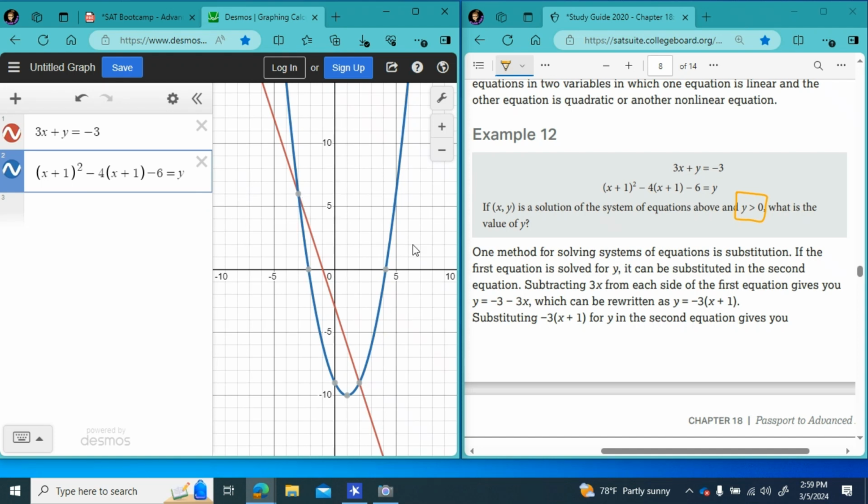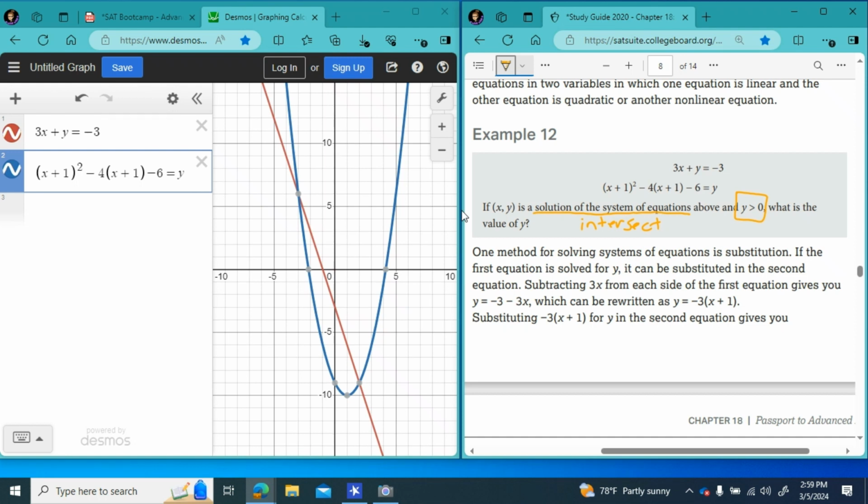A solution to a system of equations is just where the two graphs intersect or touch. So that's here at (2, negative 9), and up here at (3, 6). And it says the y value has to be greater than 0. Look how nice they were here on the SAT.